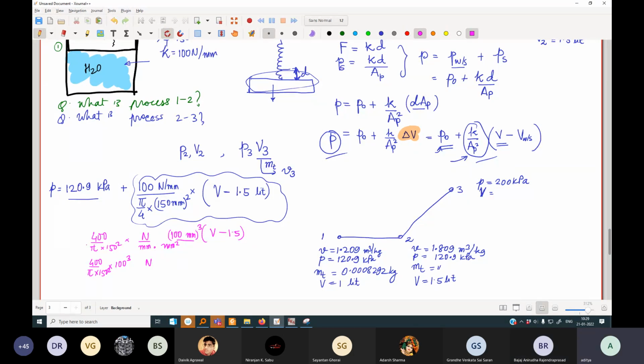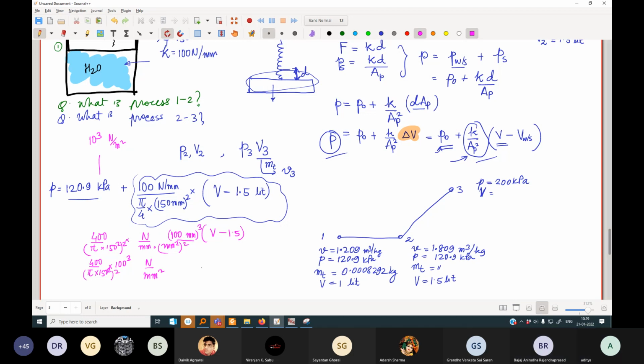Okay, so it's pi 150 squared, and this is millimeter square. So you get Newton over millimeter square. So what is a kilopascal? It is 10 to the power 3 Newton per meter square, right?